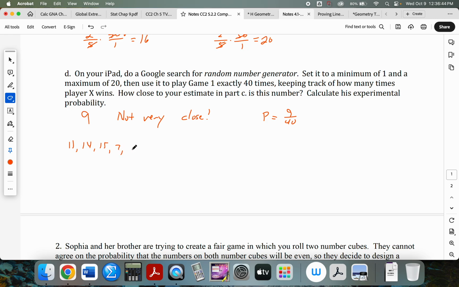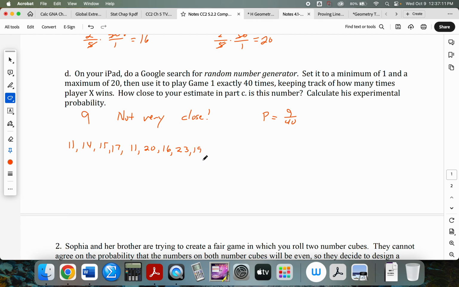Sophia? 17. 11. I got one once and messed it up, so 20. Barrett? 16. 23. Johnny? 19.